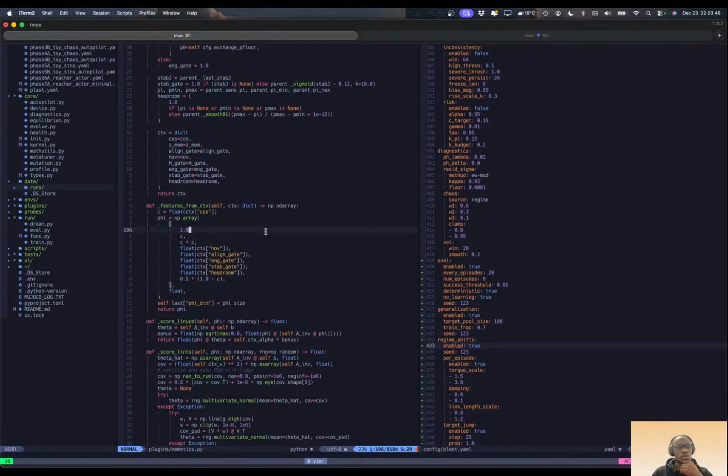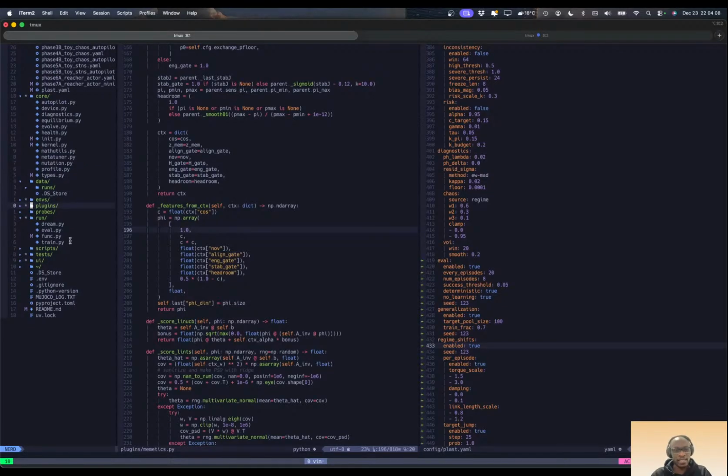Now suppose we do it for multiple agents. This is a good position to talk about multi-agent and memetics, and also a good point to introduce what we call evolution in this case.